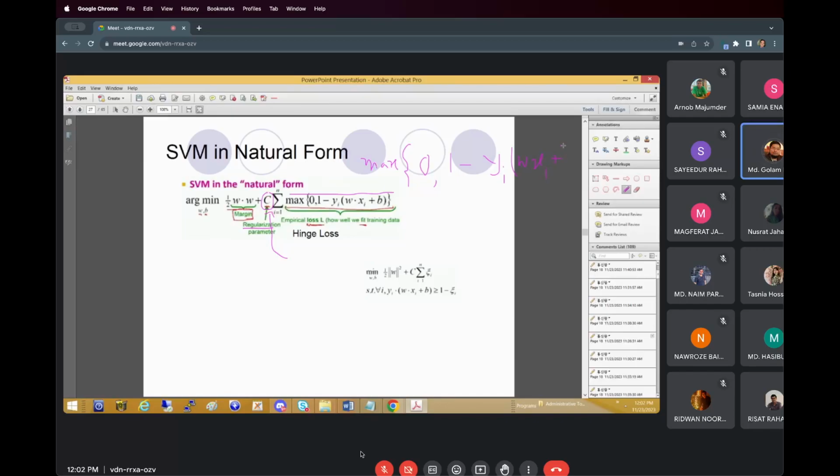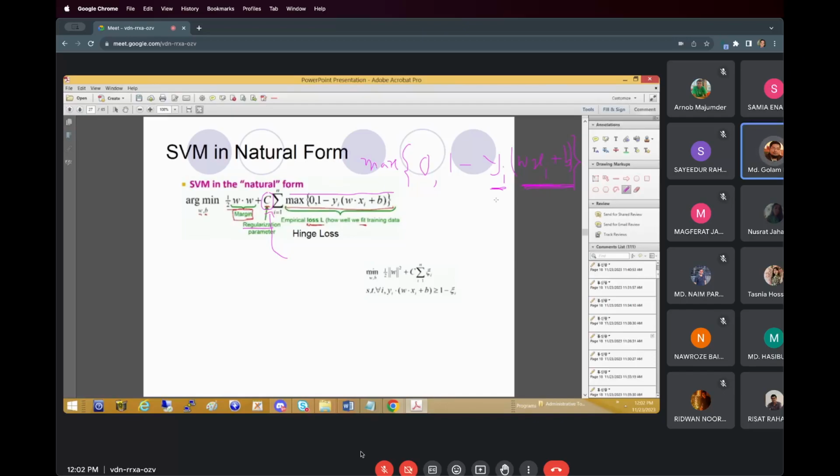So plus b. If we consider that, this is the original y, the original class label, that is yi, and this is our prediction, the prediction of our support vector machine, the SVM prediction, based on the hyperplane.